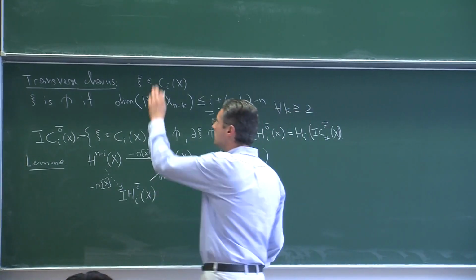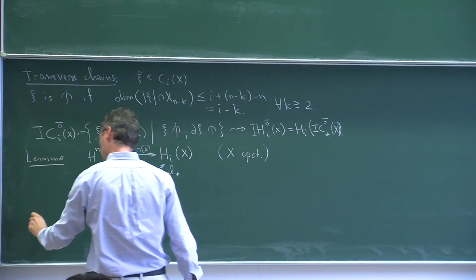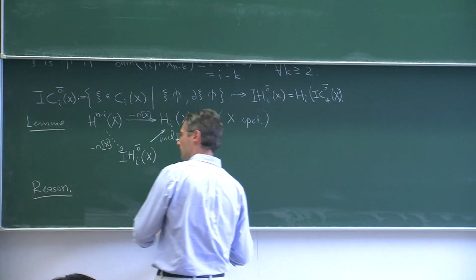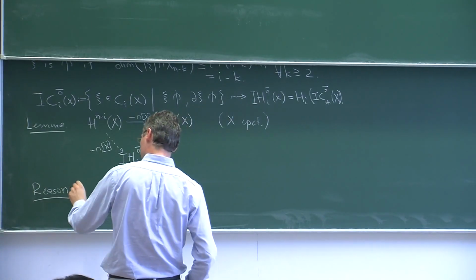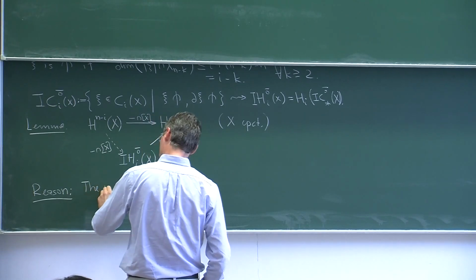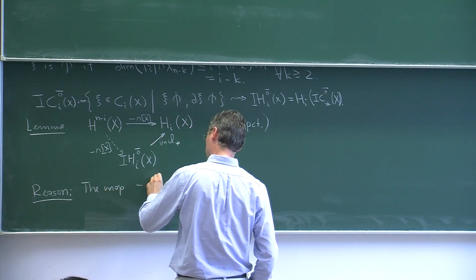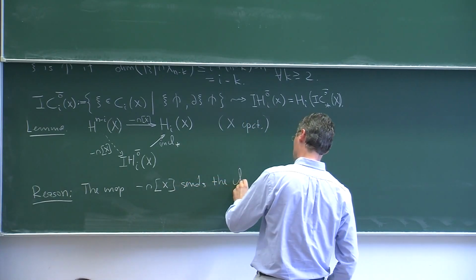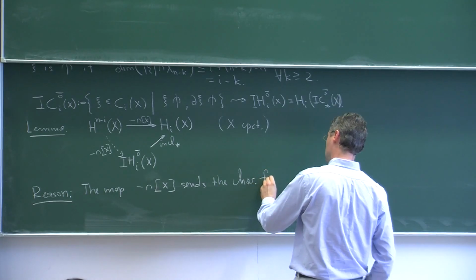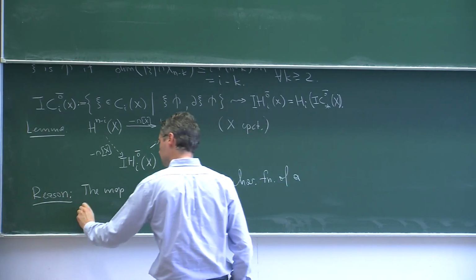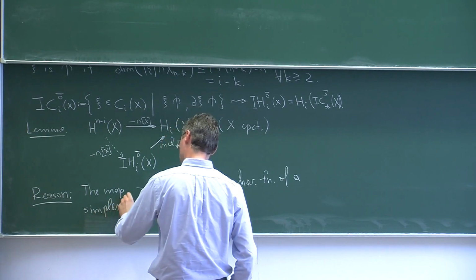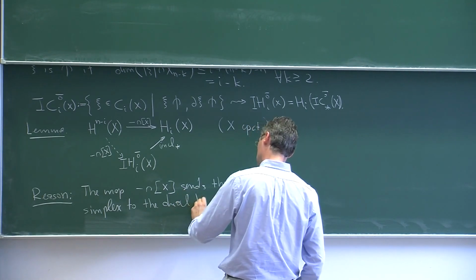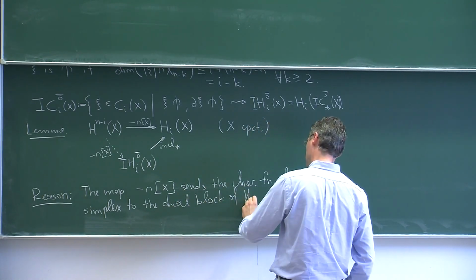Now, why is this true? So the proof, or the reason for this, is that the map given by capping with the fundamental class sends the characteristic function of a simplex to the dual block of that simplex.